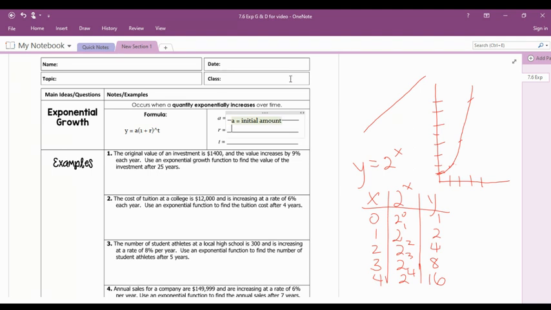Next, R equals the rate, and we're going to make it a decimal. Sometimes there's a decimal in it, and we'll just have to move that decimal. So it's not just drop the percent, it's change the percent. And then T is time. Those are the three things that you need from the word problems.